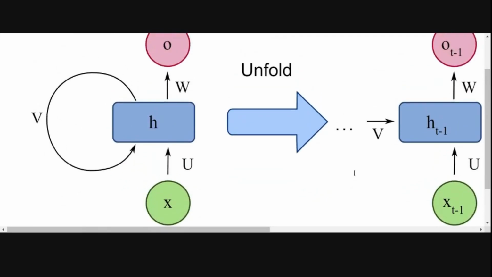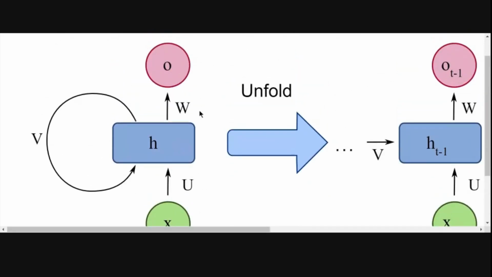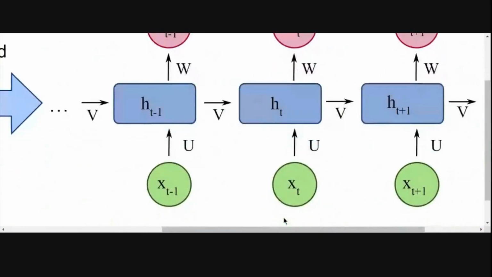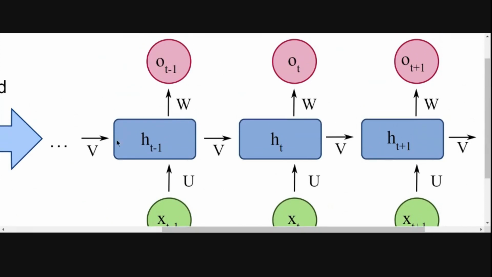So essentially what's happening here is that let's say this is your neural network block, right? And this is your input and this is your output. So what this arrow represents is what's taking place here, right? For every input, let's say I have an input at t-1 that goes into my neural block and I get an output. And I get another input passing through to my next block from here.